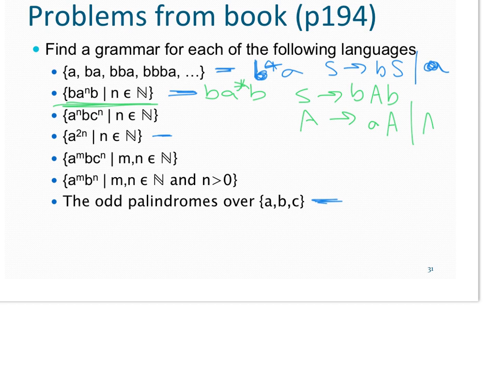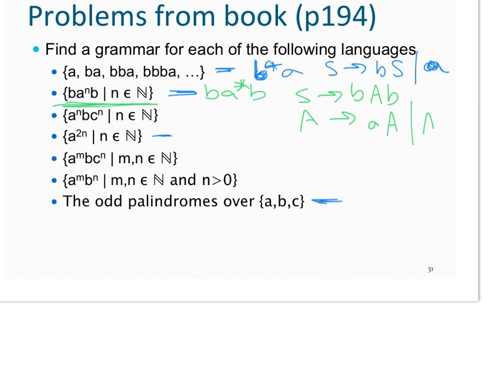Okay. This third one here I'm not going to do, but I'm going to say, look, it's exactly the same as our A to the N, B to the N one, except in the middle we're not going to stuff a lambda, we're going to stuff a B. So it's the same as the previous example we did, where you're bubbling out A's and C's, but in addition to S going to, come on, we'll do it real quick.